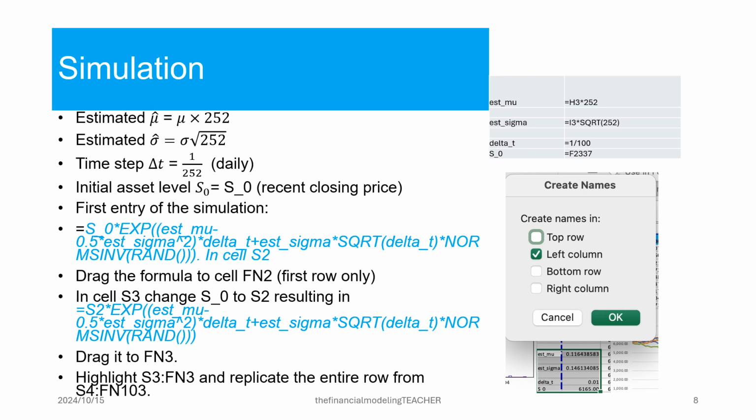Then dragging, highlighting S3 to FN, we can replicate the whole row into the following cells S4 up to F103 at the bottom.